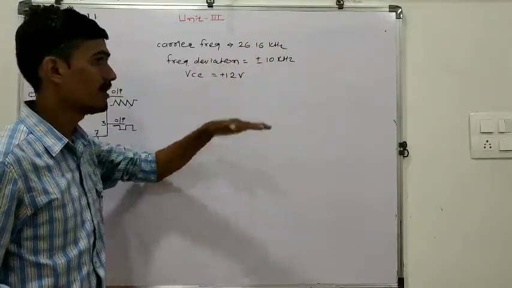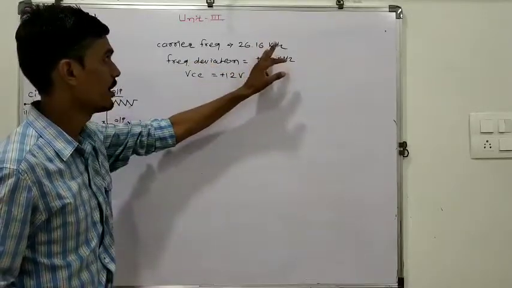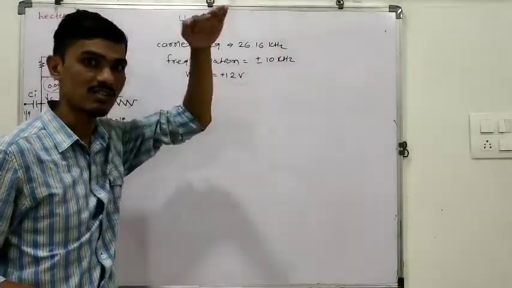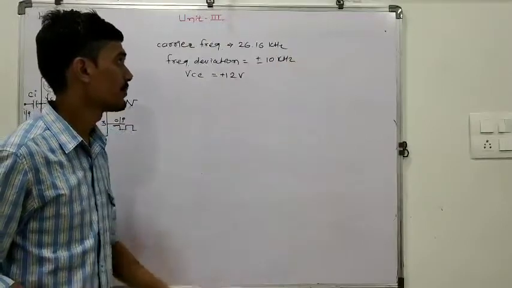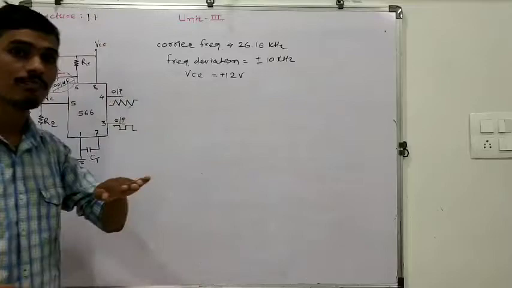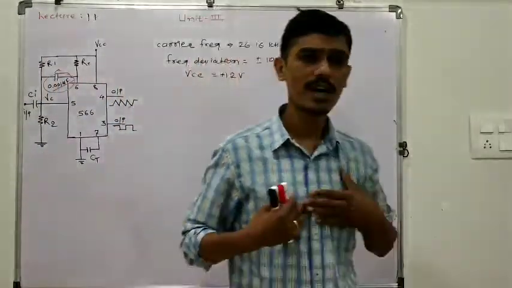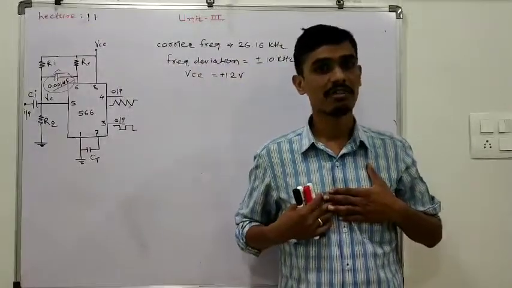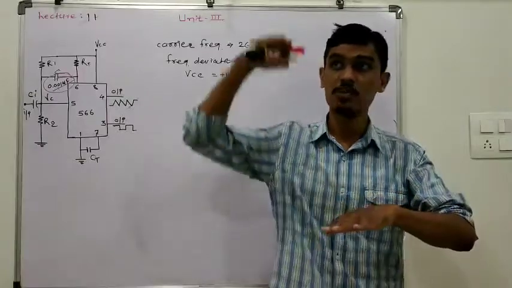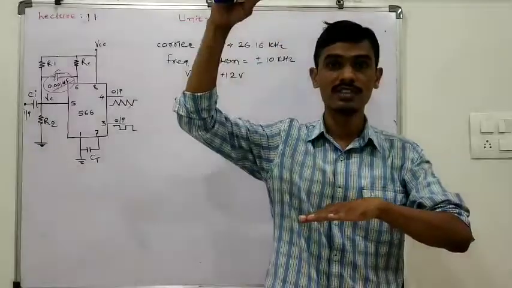So the maximum frequency of the modulation is 26.16 plus 10 kHz, that is 36.16 kHz, and the minimum frequency is 26.16 minus 10 kHz, that is 16.16 kHz. Ultimately, the output we get is the frequency modulated signal, which varies from 16.16 kHz to 36.16 kHz.